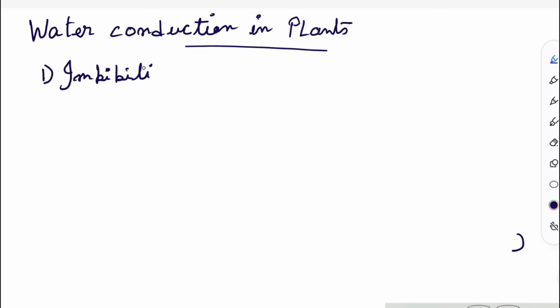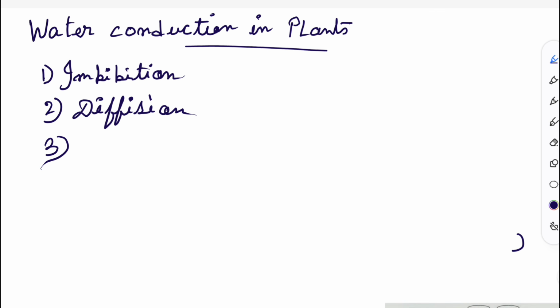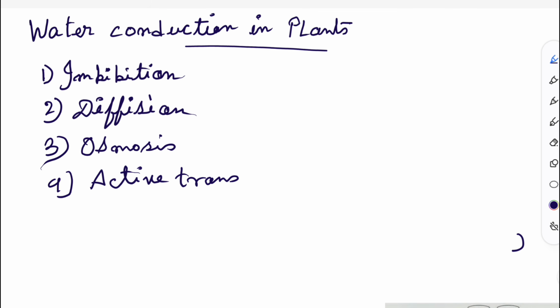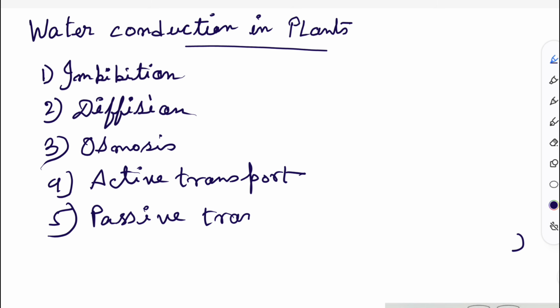Second, we have diffusion. Third, we have osmosis. Then we have active transport, and then we have passive transport.